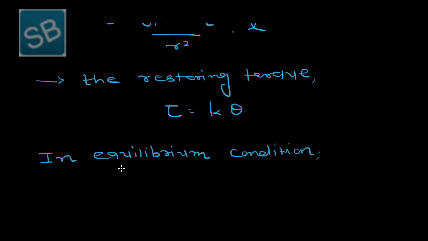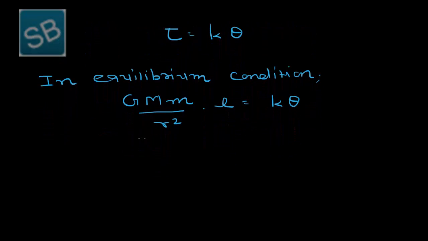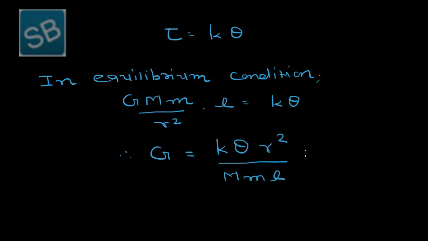So in the equilibrium condition, G M m over r square into l is equal to k theta. Therefore, the value of G you can find from this equation is equal to k theta r square divided by M m l, that is result number 3. And with this, our gravitational constant is in this form.